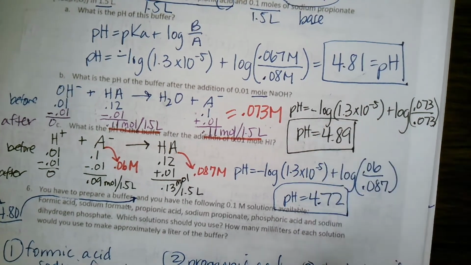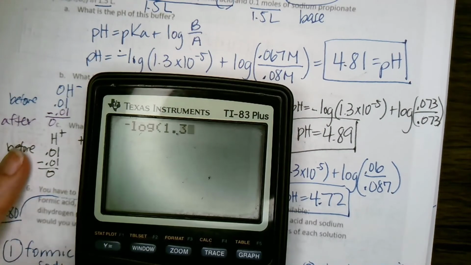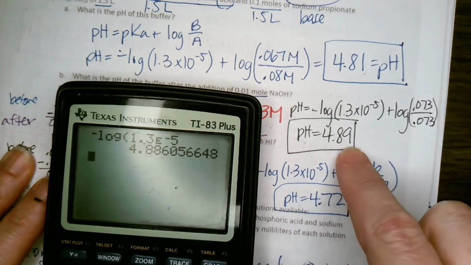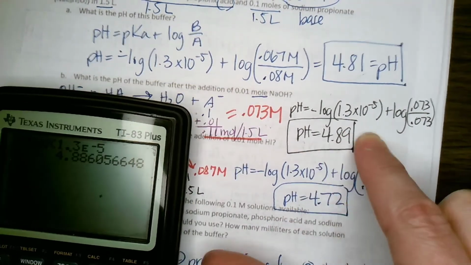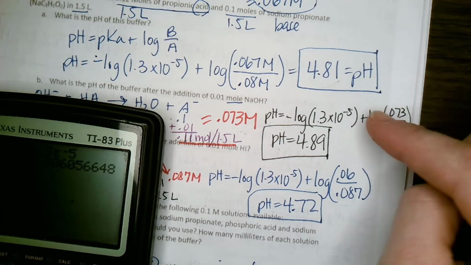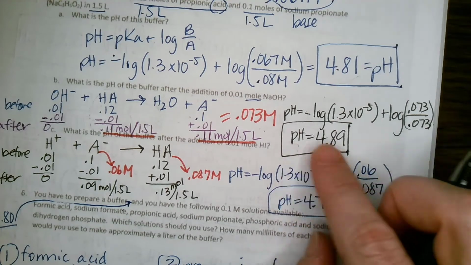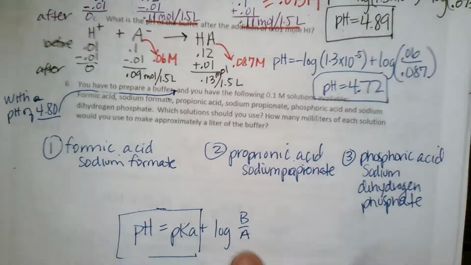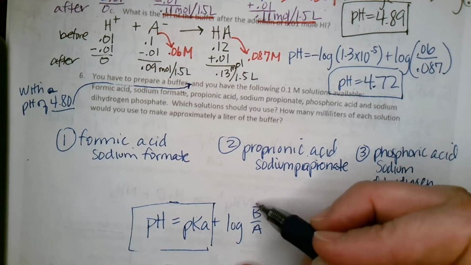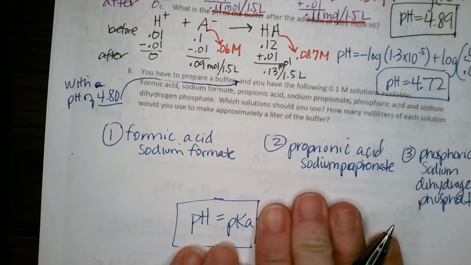Remember when we did the negative log of 1.3 times 10 to the negative 5? We got 4.89, because the log of both being the same concentration just became nothing. So the ideal situation is when pH is equal to pKa. We would love for the base and the acid to have the same concentration to make this happen.